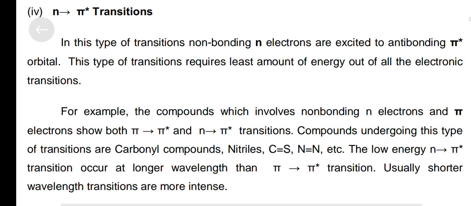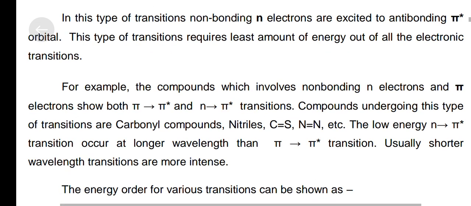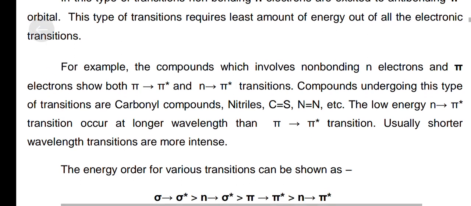Compounds undergoing this type of transition are carbonyl compounds, nitriles, C double bond S, N double bond N, etc. The low energy n to pi star transition occurs at longer wavelength than pi to pi star transition. Usually shorter wavelength transitions are more intense.